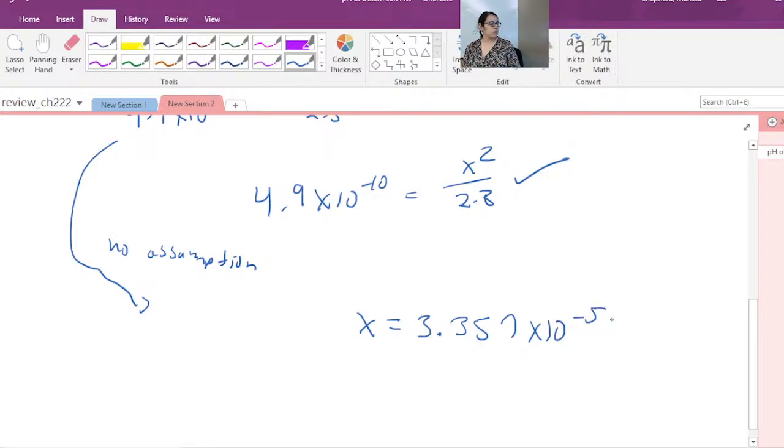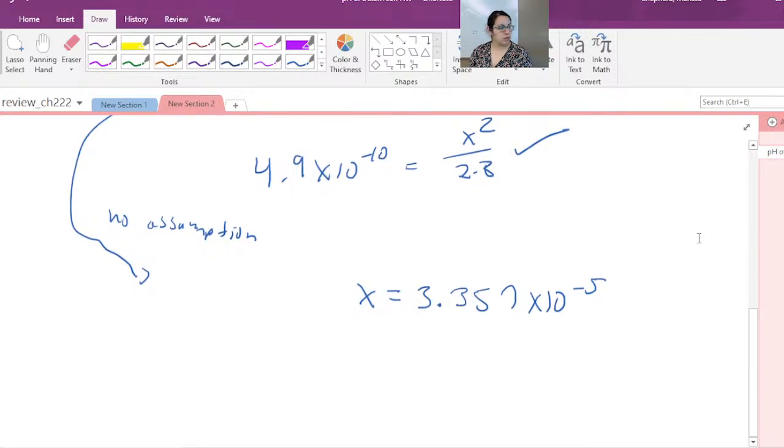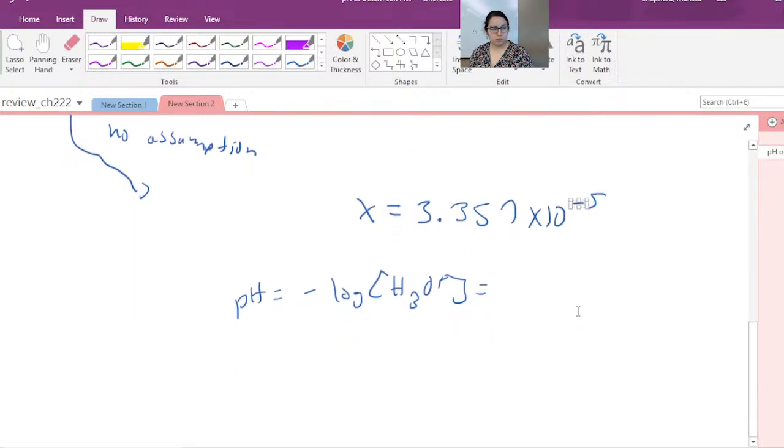I took the negative log of that, because that's the H plus number, and I got 4.47. So that sounds good.